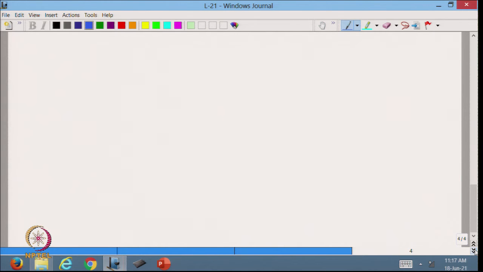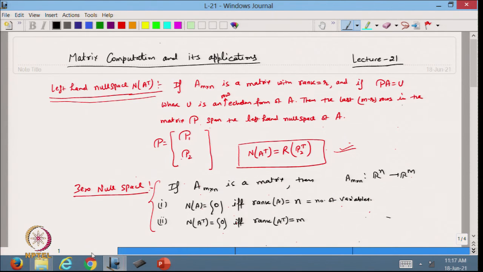One thing is true: since the rank of the matrix A is 3, which is not equal to the number of variables, that is 5, the null space of A is not going to have only the 0 element. So, this we have taken from here.